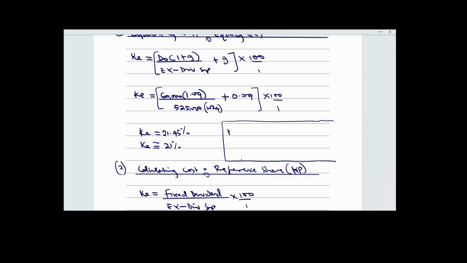We have calculated dividend per share to be 12 kobo, which is 0.12, then divided by XD share price. XD share price, we calculated 1 naira 5 kobo. Then plus the growth rate of 9%, 0.09. All of this multiplied by 100 over 1.